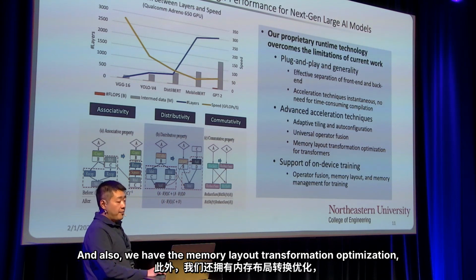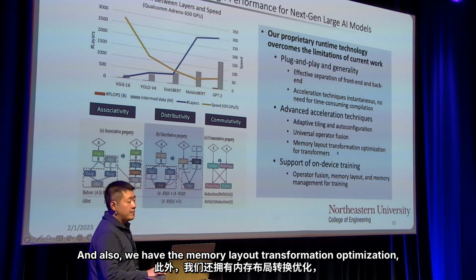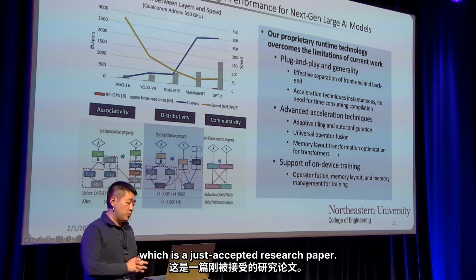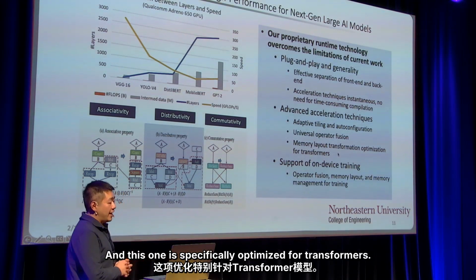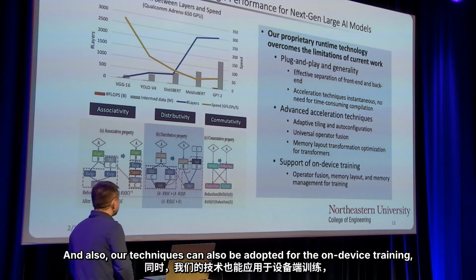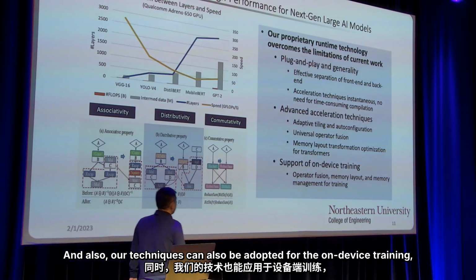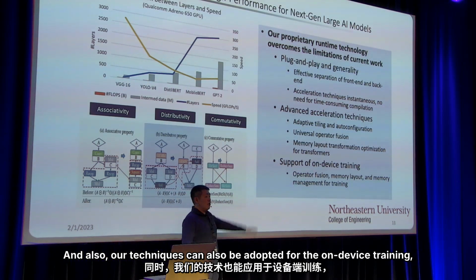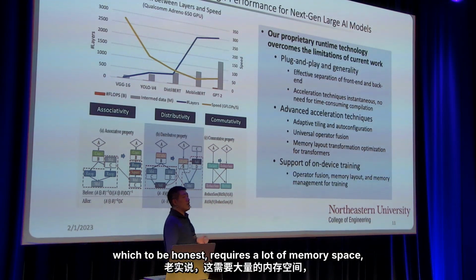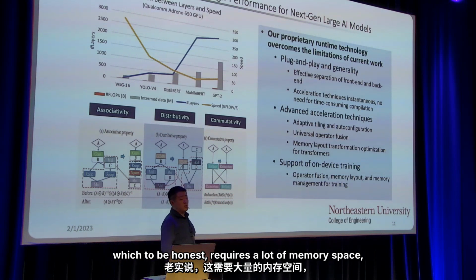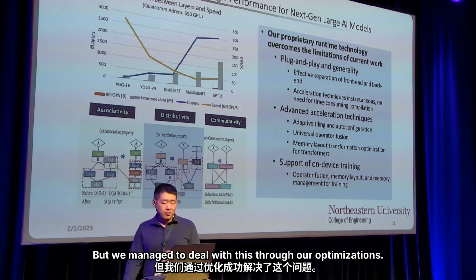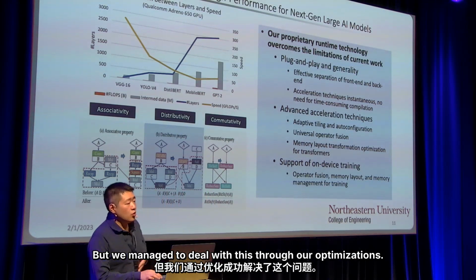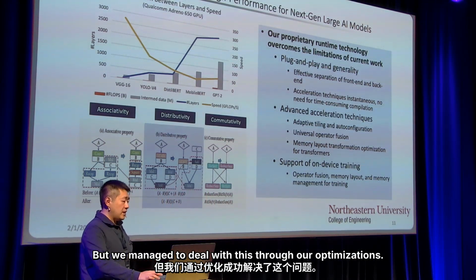Also, we have the memory layout transformation optimization, which is a just-accepted research paper, and this one is specifically optimized for transformers. Our techniques can also be adopted for on-device training, which, to be honest, requires a lot of memory space, which is difficult for current local devices, but we managed to deal with this through our optimizations.